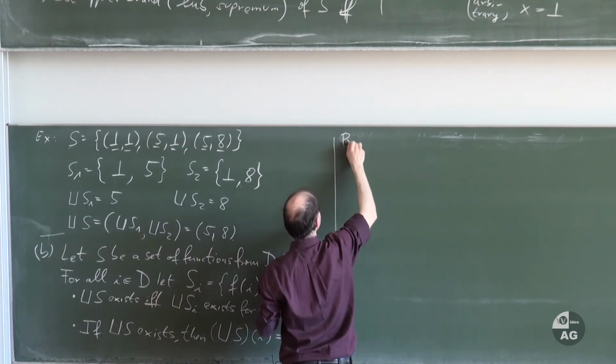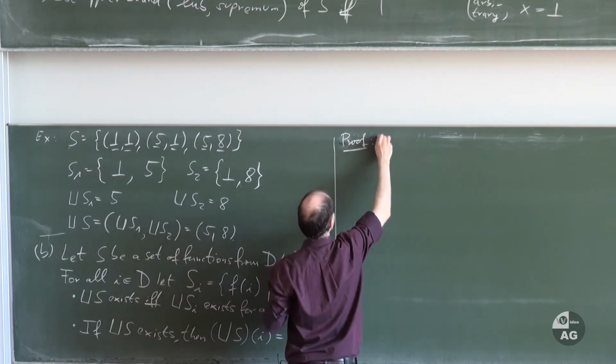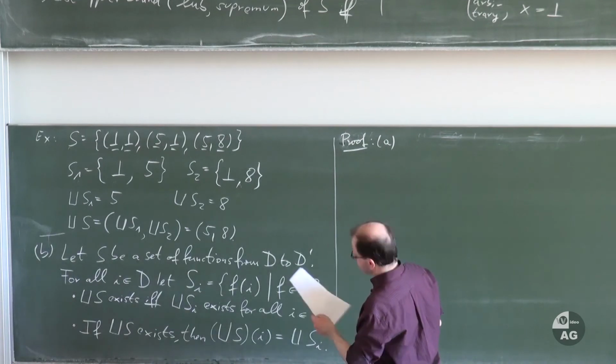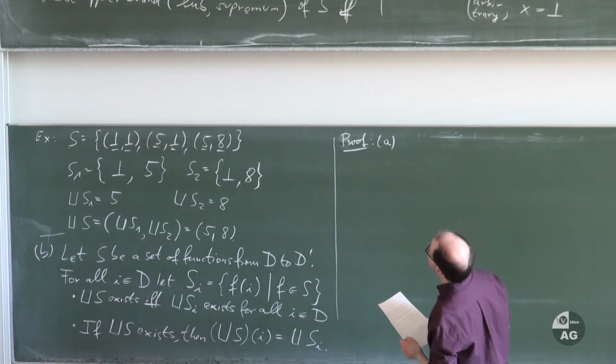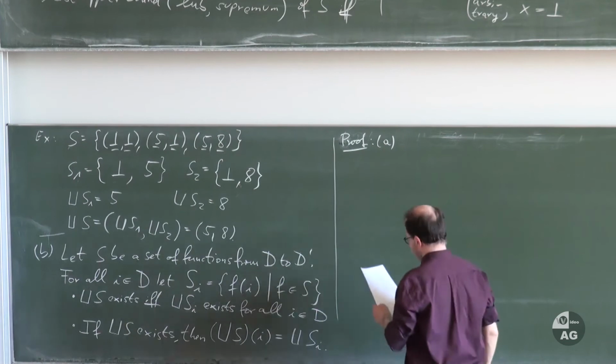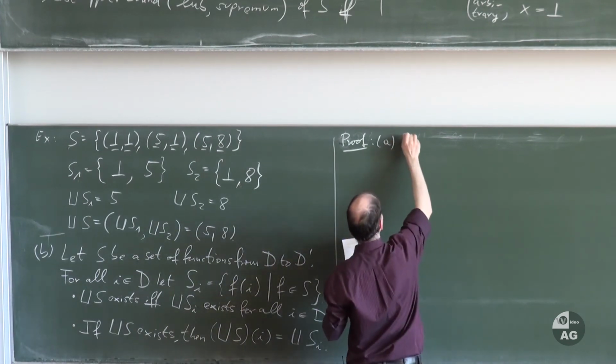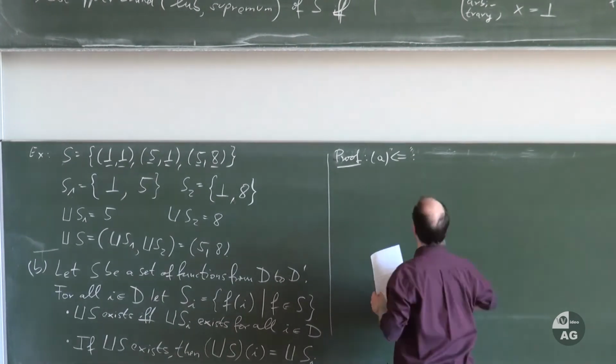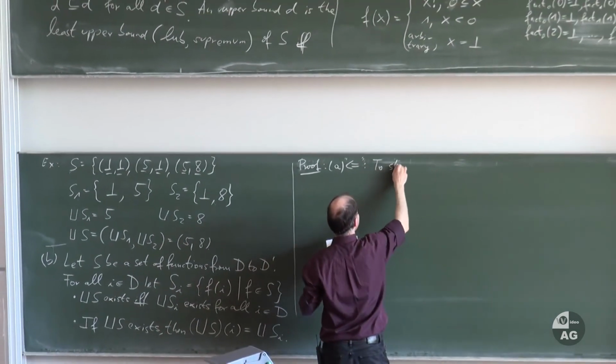So this is the proof of A. Okay, so what do we have to show? Let's first show the direction from right to left. So what we want to show is the following.